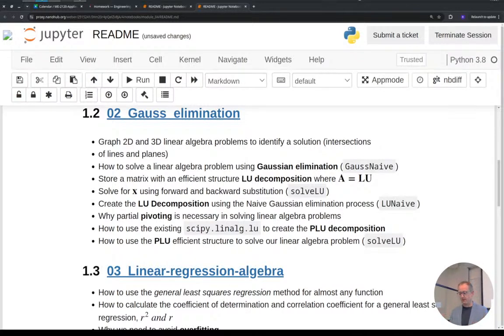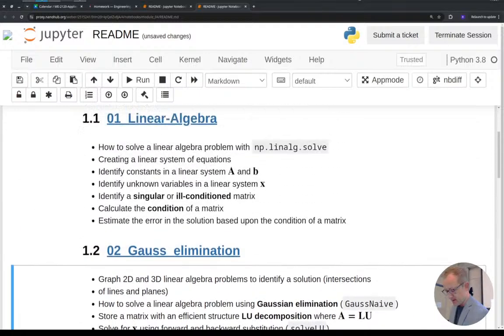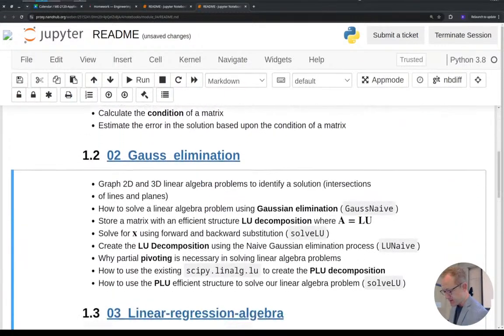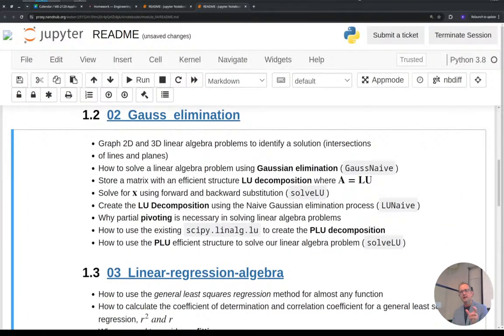It's not a huge issue. Most solvers like linalg solve, and even this LU decomposition process, use some kind of pivoting, so it avoids a lot of those issues.